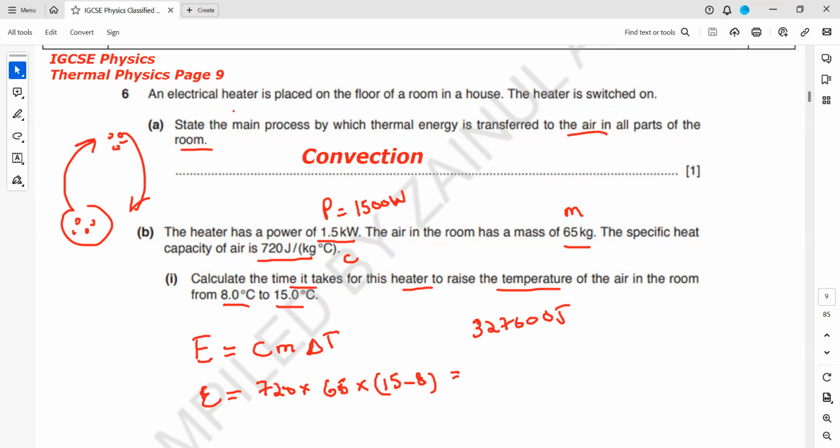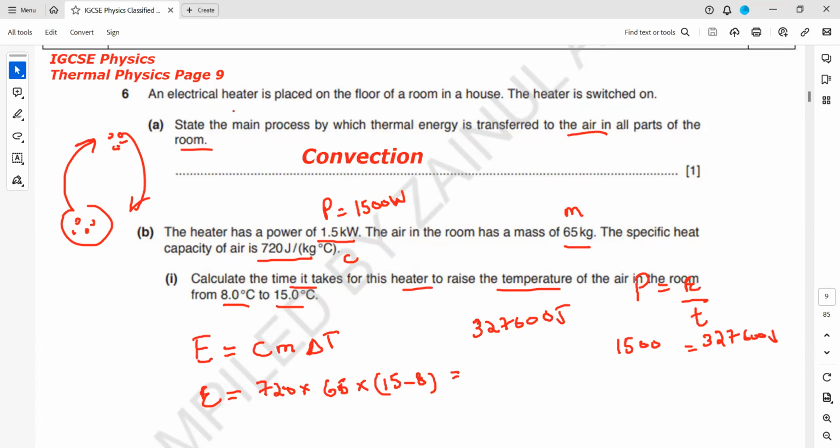We need the time. How much time will it take to supply this much energy? So we have the formula that power is equal to energy divided by time. So the power of the heater, that is in watt, is 1500. The energy which we supplied is 327,600 joules.